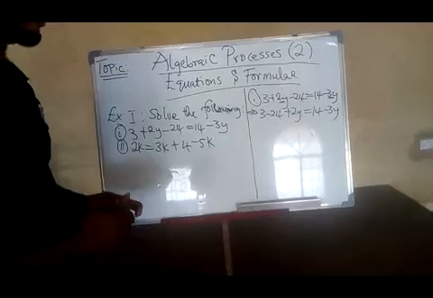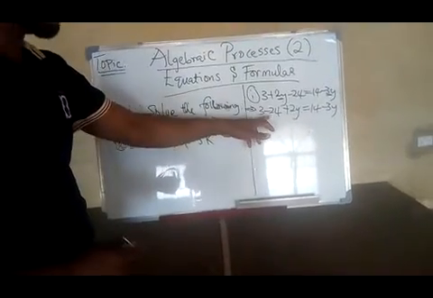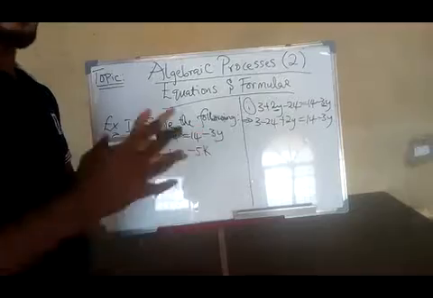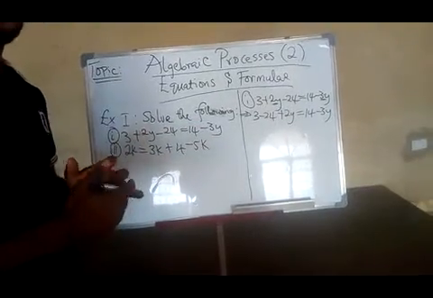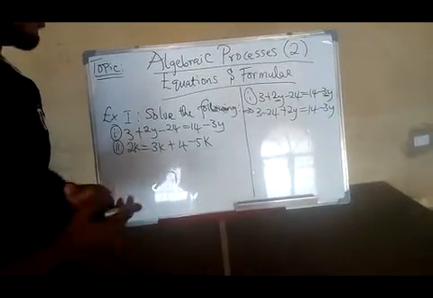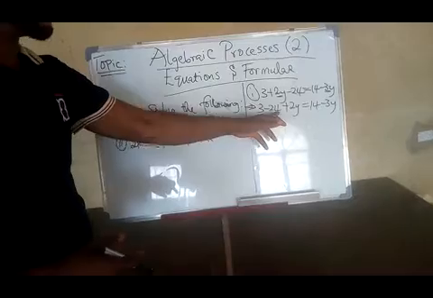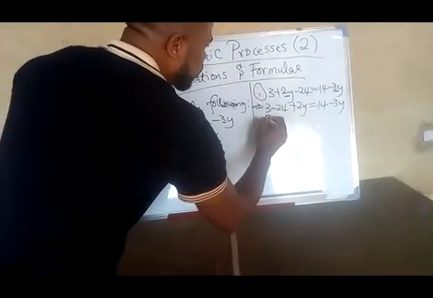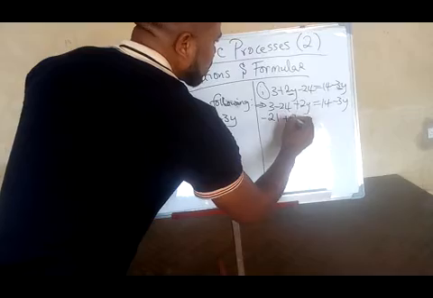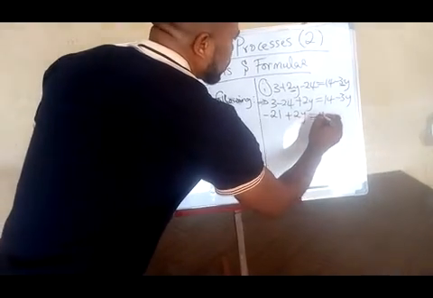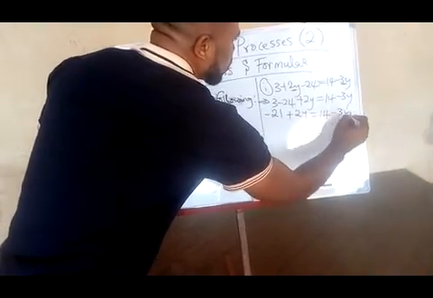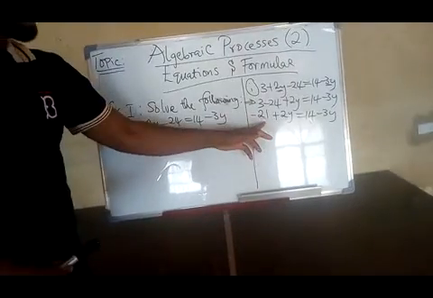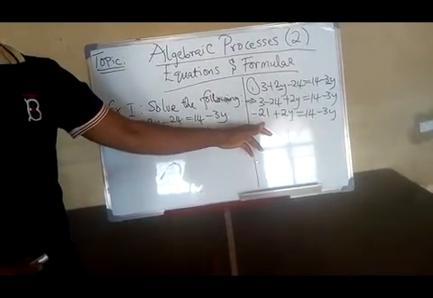Okay? And when we solve this, don't forget your number line when you are solving equations where you have a smaller number subtracting a bigger number. You would have 3 minus 24. That's going to give us what? Negative 21 plus 2y equals 14 minus 3y. To take this step by step, I would want to remove this from this side of the equation.